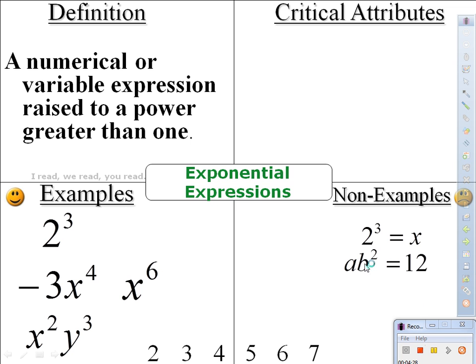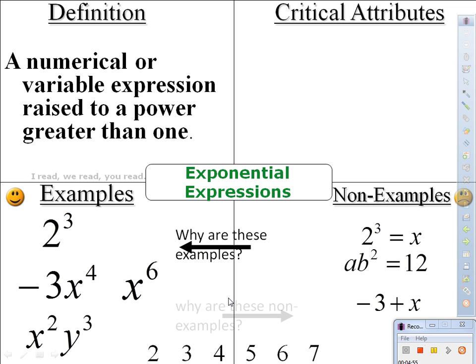Look at it. There's something about these that makes them not exponential expressions. And look at this one. The next one is negative 3 plus x. If these are exponential expressions, think about why these are not exponential expressions.